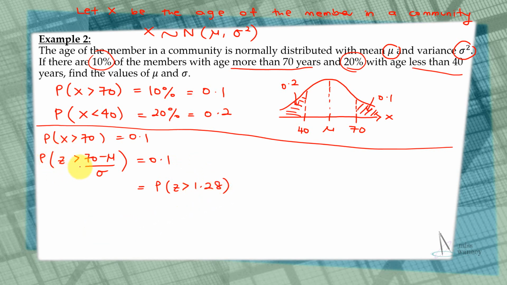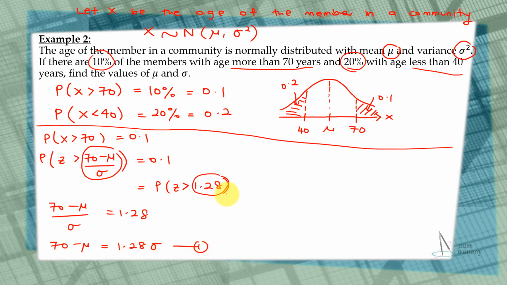Since both are z greater than, I can simply let the values be equal. So (70 minus mu) over sigma is 1.28, or 70 minus mu is equal to 1.28 sigma. This is the first equation.